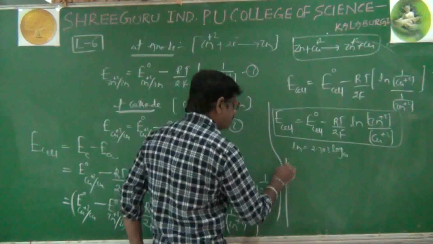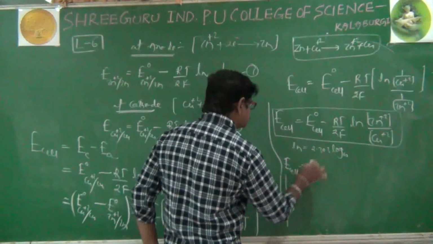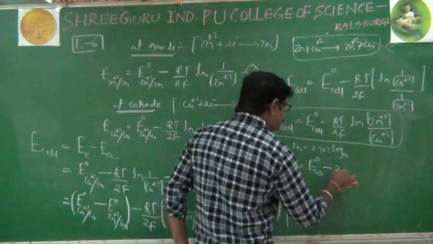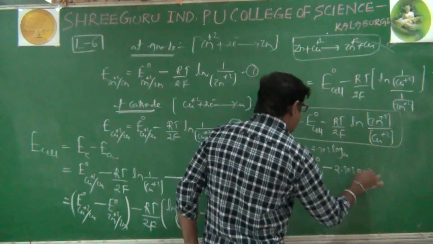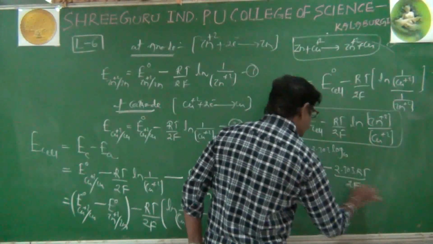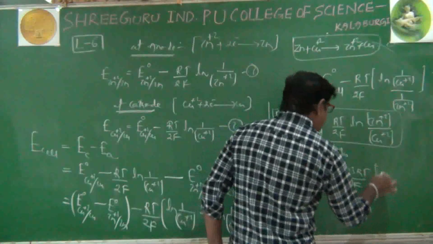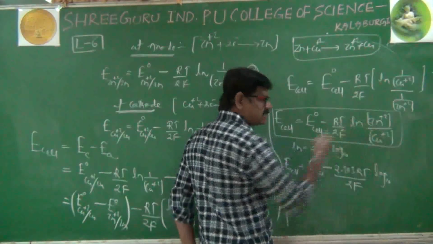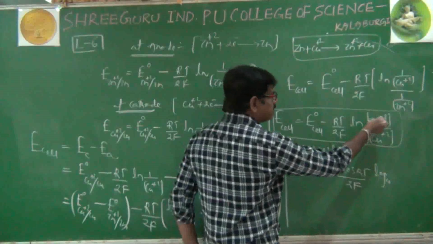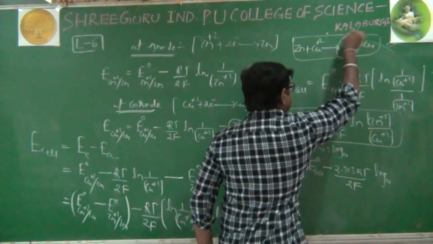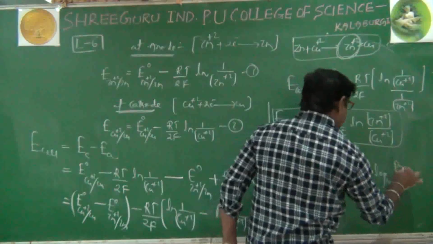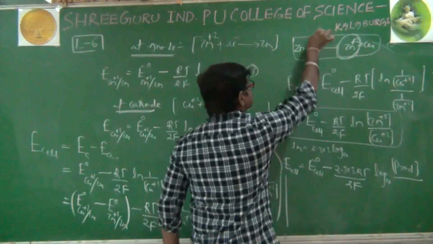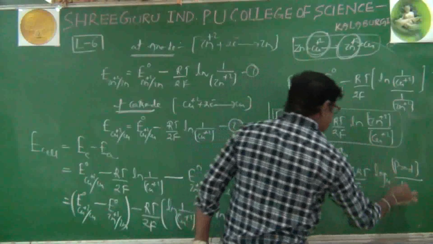If you substitute here, E cell is equal to E naught cell minus 2.303 RT by 2F log base 10 Zn plus 2 by Cu plus 2, where Zn plus 2 is nothing but the product concentration, divided by Cu plus 2, which is nothing but the reactant concentration.